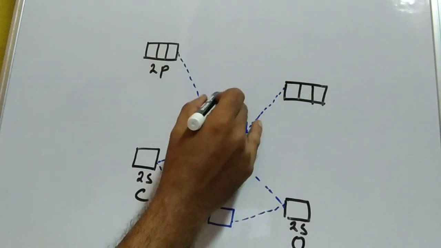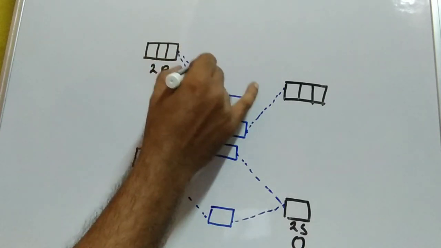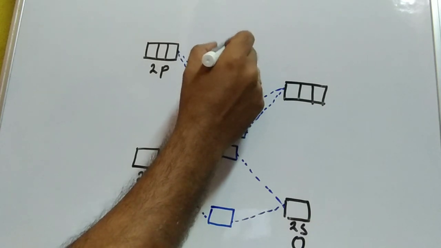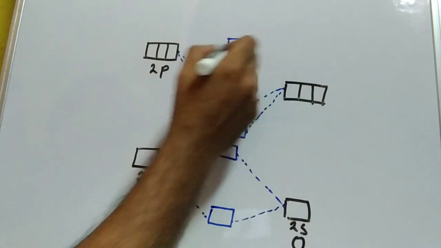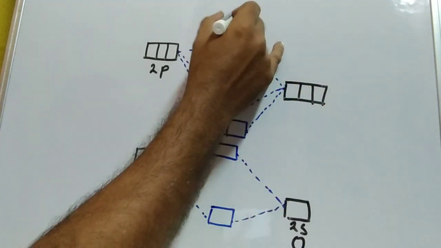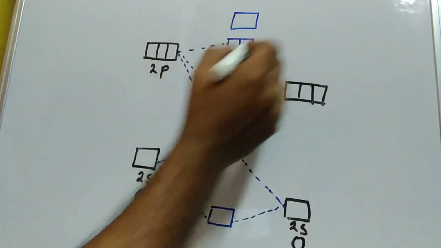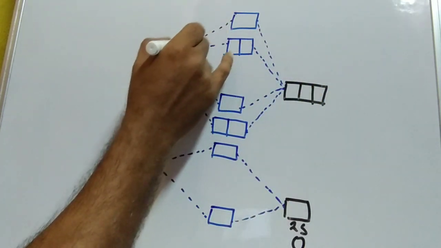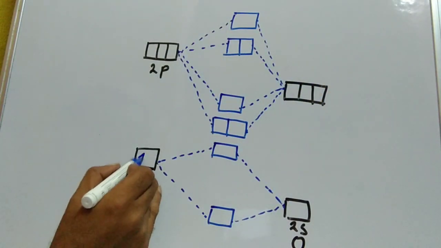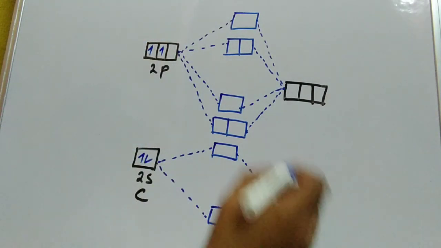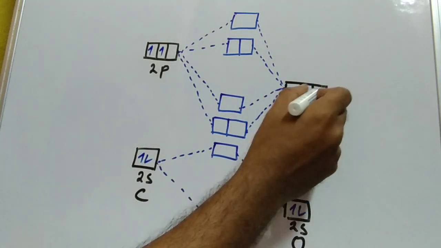In fact, the bond length of carbon monoxide is 1.128 angstrom, and in carbon monoxide plus ion it is 1.115 angstrom. Thus, the bond length decreases when we expected it to increase, and it indicates that the electron must have been removed from an antibonding orbital.